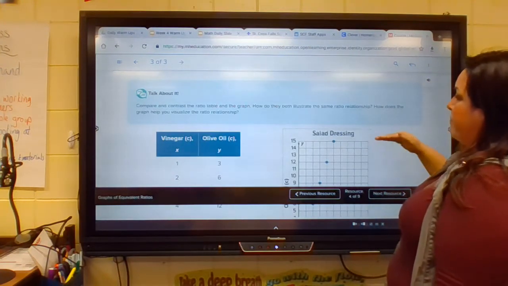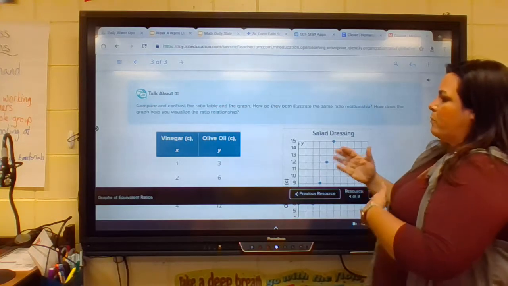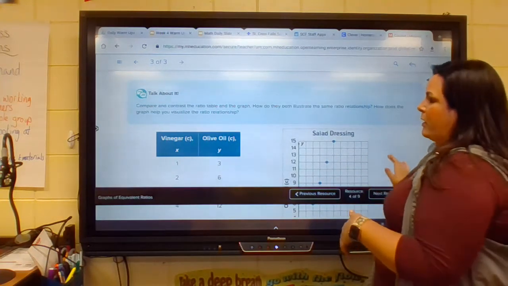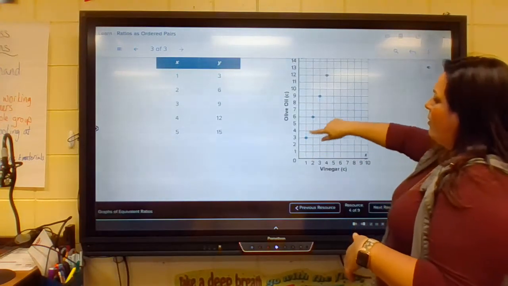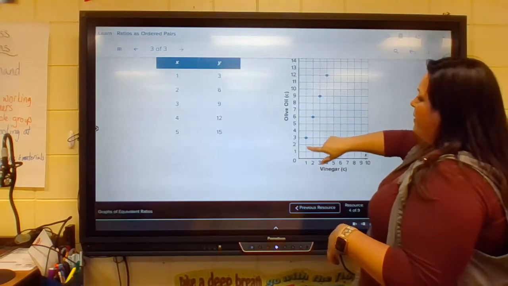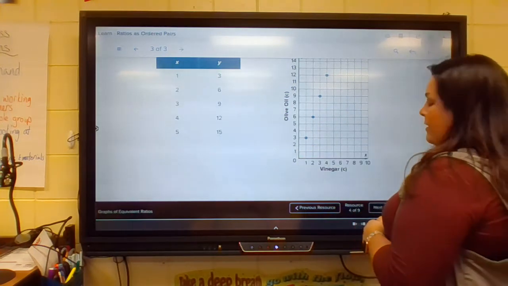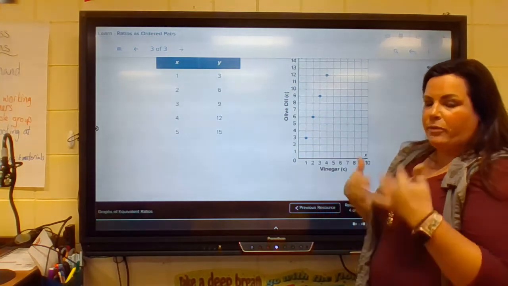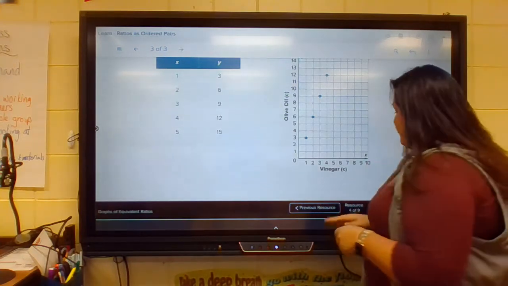Now, they both illustrate the same ratio relationship because the points match up. Okay? And we can describe this relationship by looking at it and saying they're all equivalent, right? Because we're able to draw a straight line through them to see that it is increasing at the same amount every time as we increase the number of batches of salad dressing.